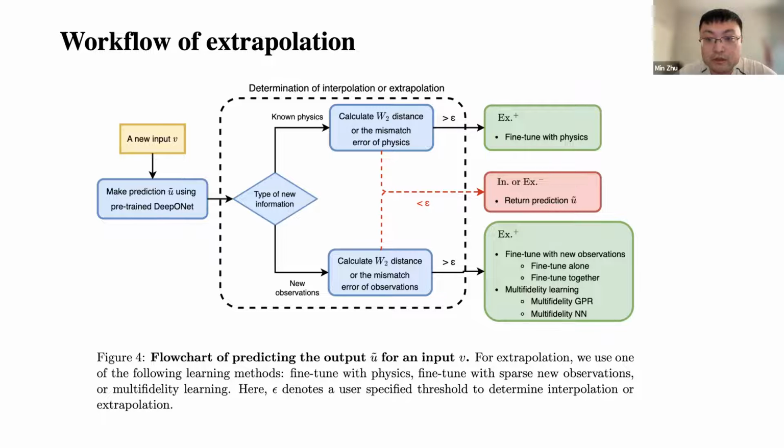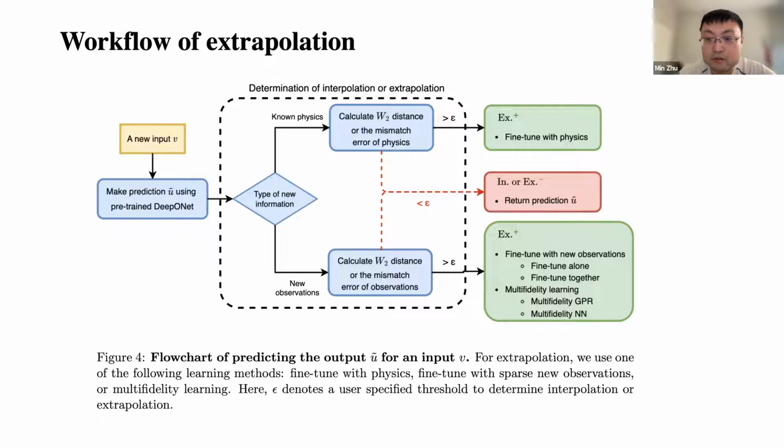Since we aim to handle any input functions, the first step is to determine whether v is in the range of interpolation or extrapolation. If it is interpolation or extrapolation minus, then the problem becomes very trivial because we only need to predict the output by the trained DeepONet.